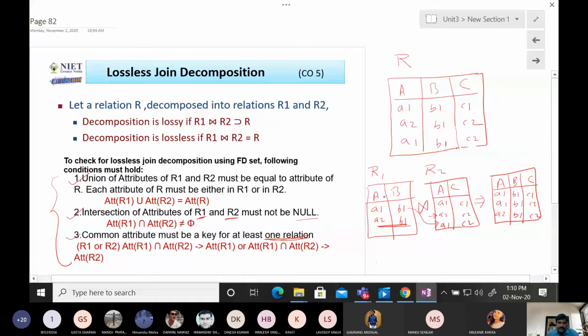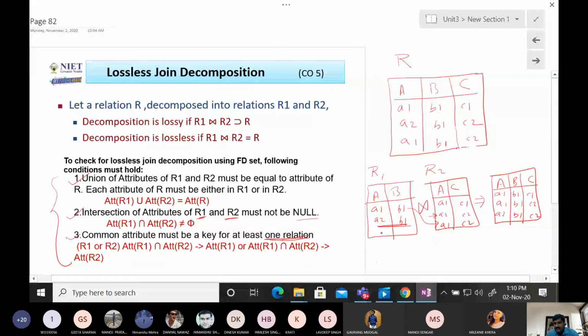Now see whether the third condition is satisfied. See here, common attribute A is a candidate key in R1. Why? Because of unique values, there is no redundancy.